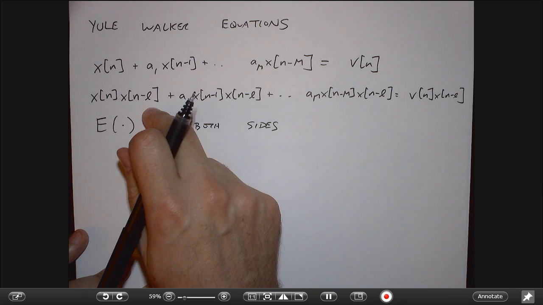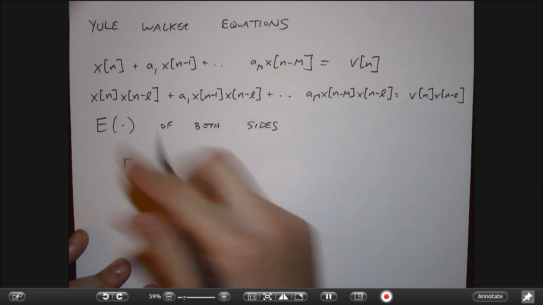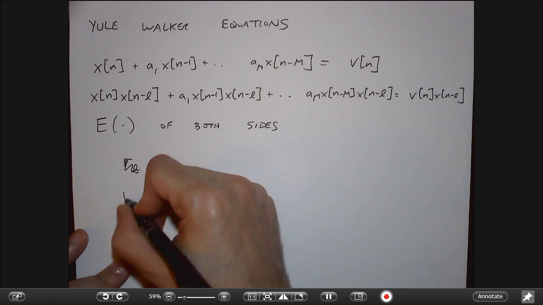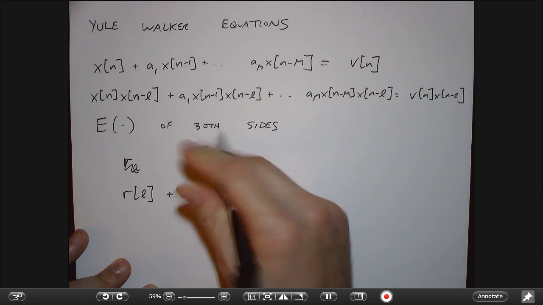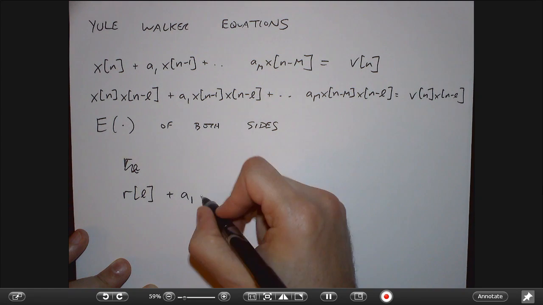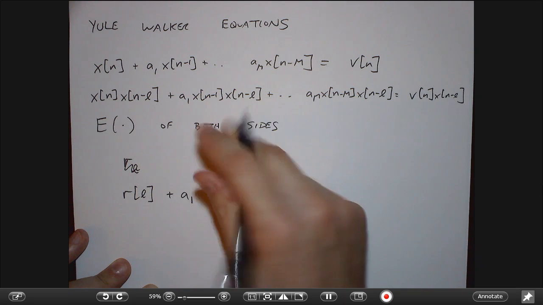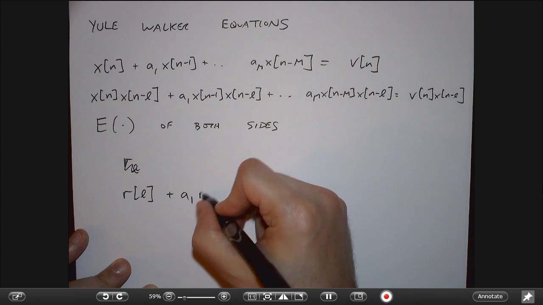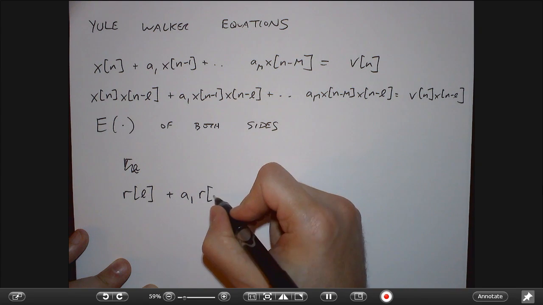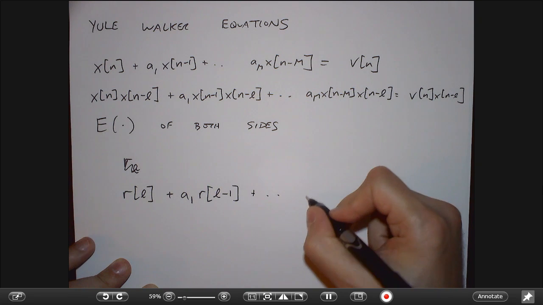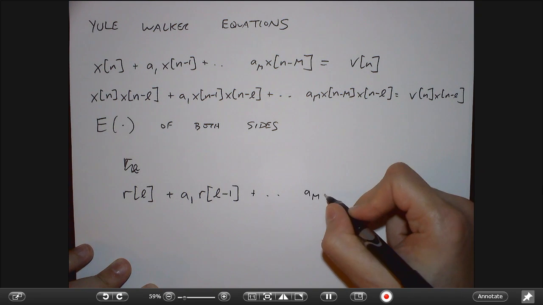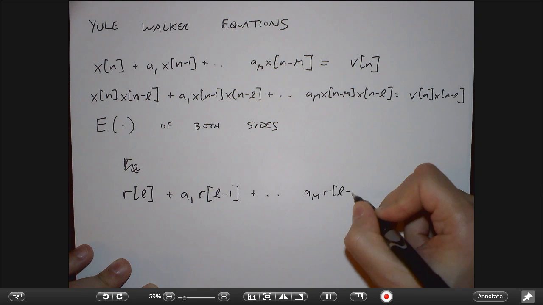Because these guys differ by L units. I guess maybe I should say this is like R of L, like this. And then these guys differ by the difference between these things, which is R of L minus 1. And then these guys differ by R of L minus M.